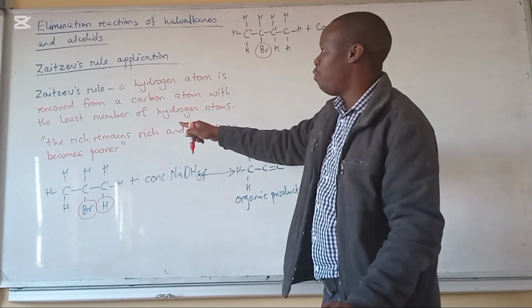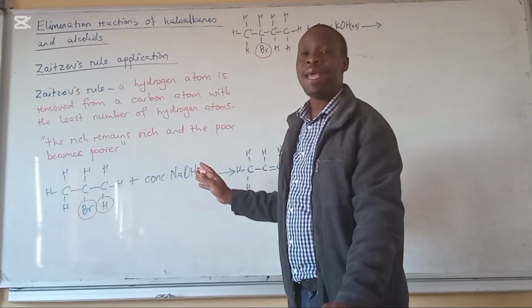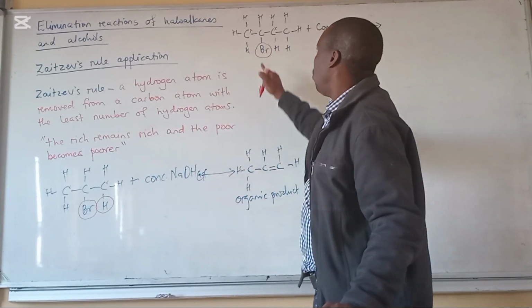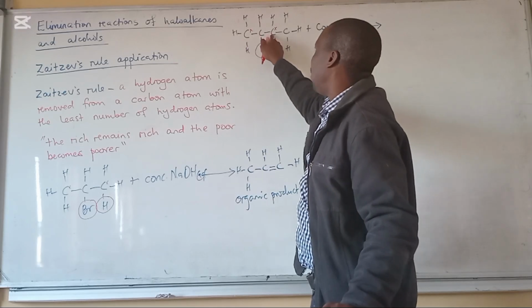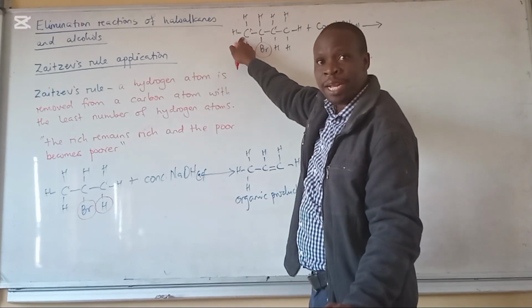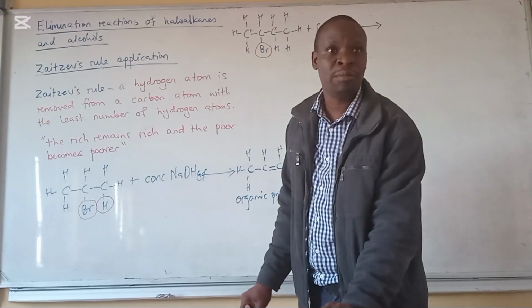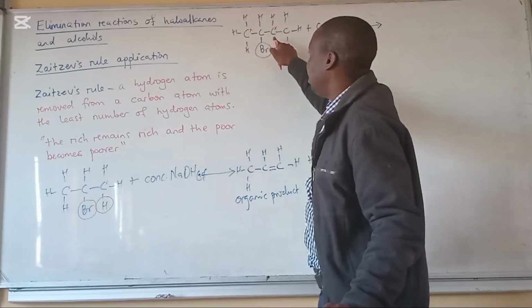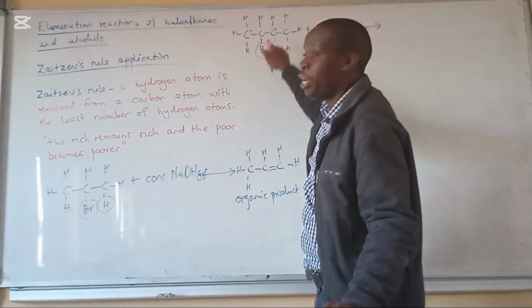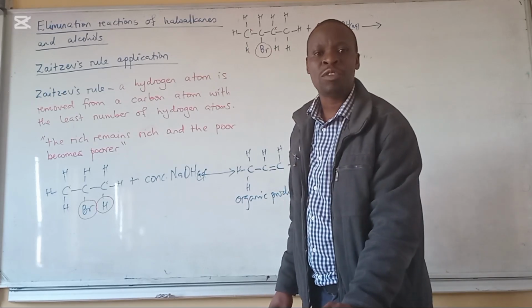Like Markovnikov is saying, the rich remains rich. So between these two carbon atoms, the first one is the rich one because it has 1, 2, 3 hydrogen atoms bonded to it. This one is poor because it has only 2 hydrogen atoms bonded to it.